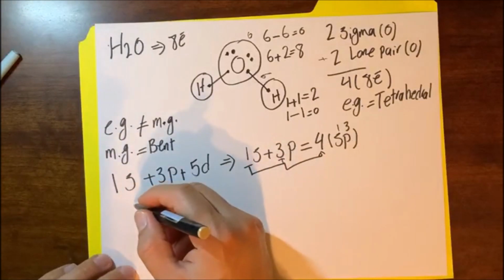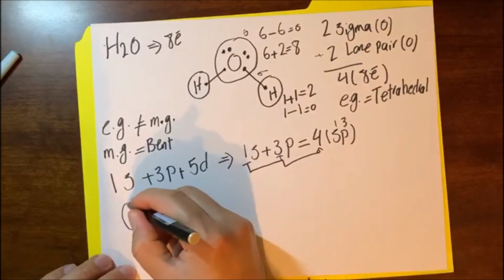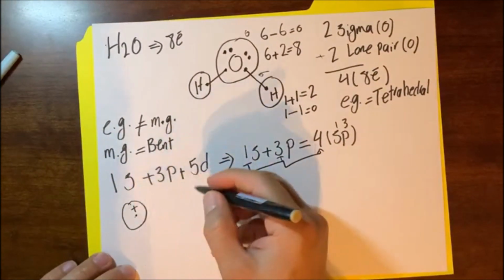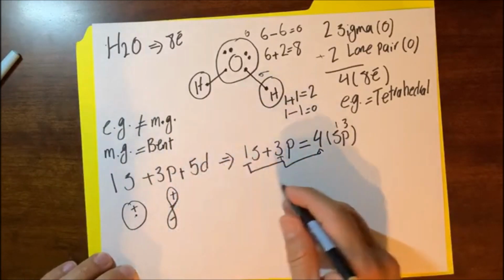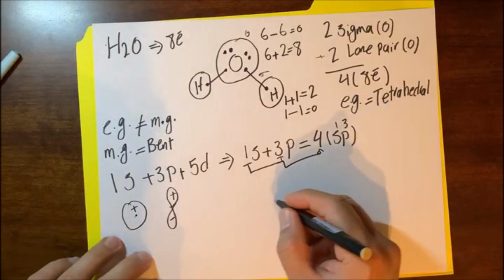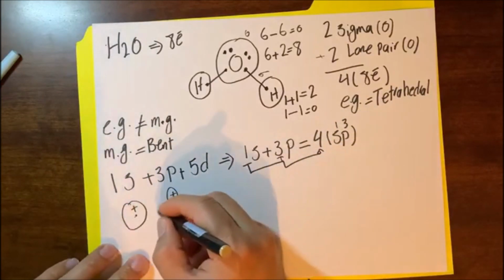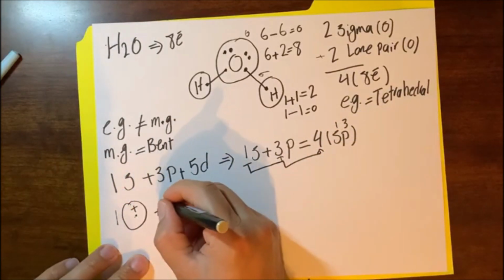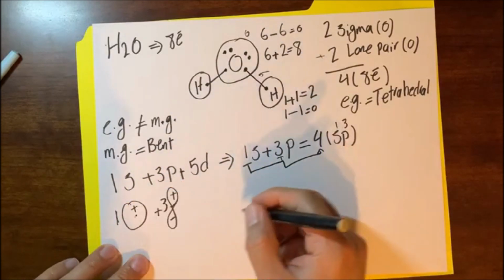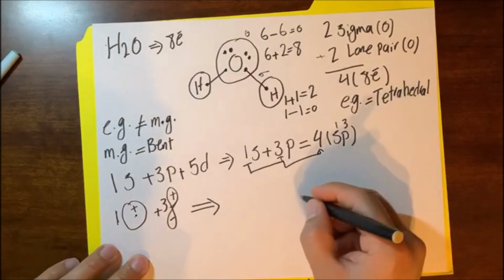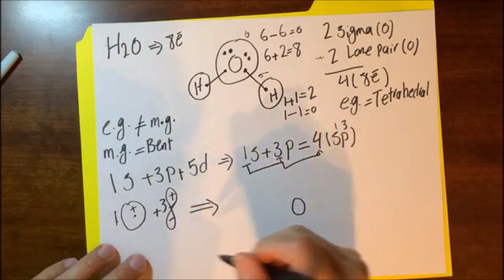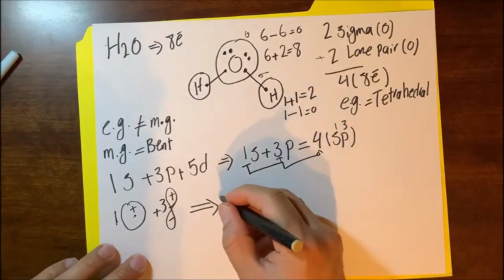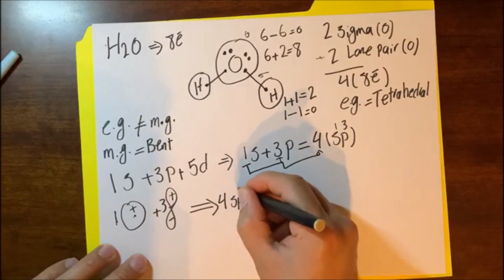Again, you're using 1 from s, 3 from p, and you get oxygen with 4 sp3 orbitals.